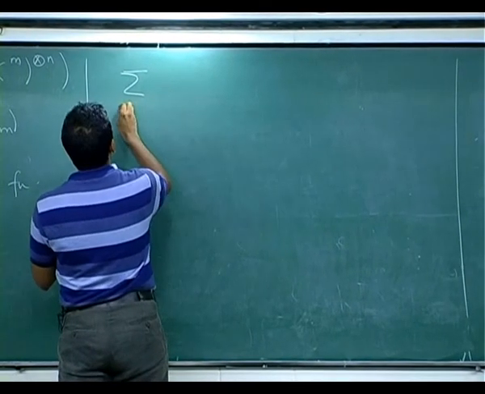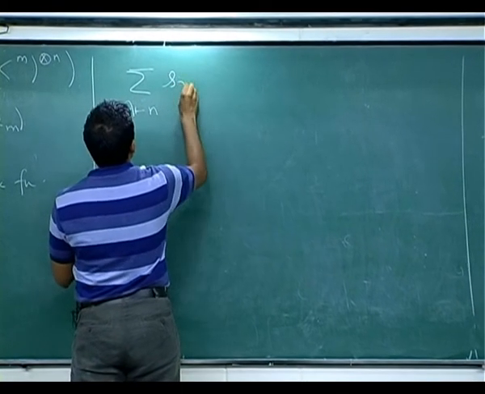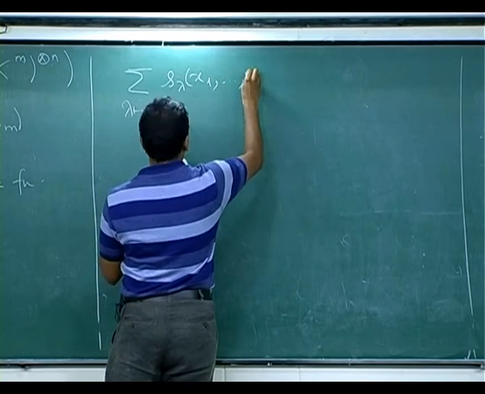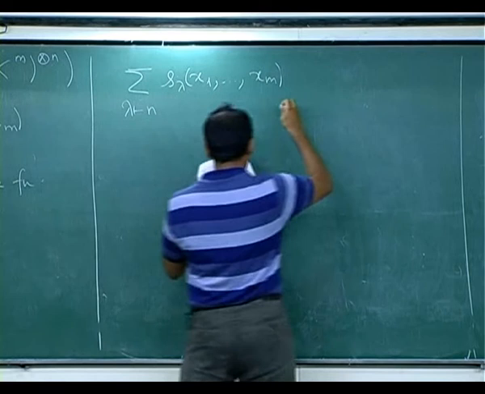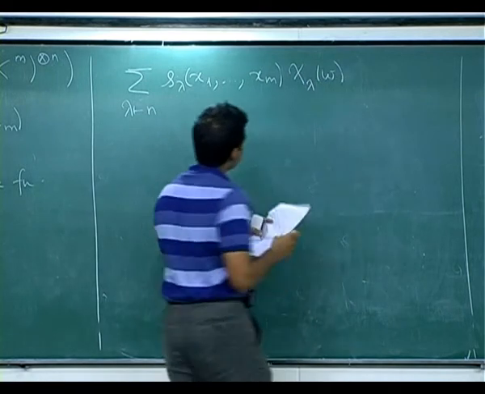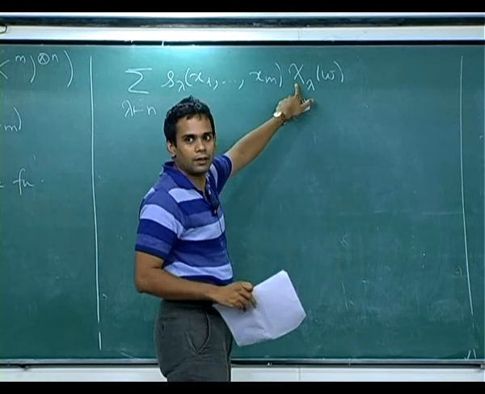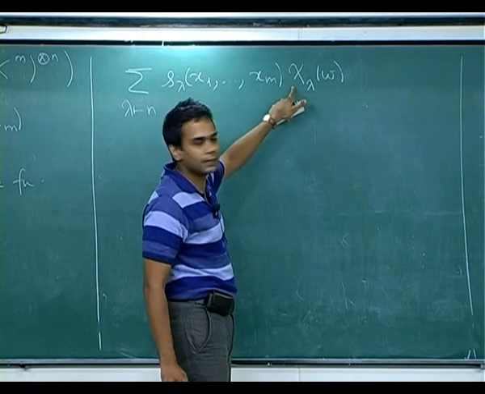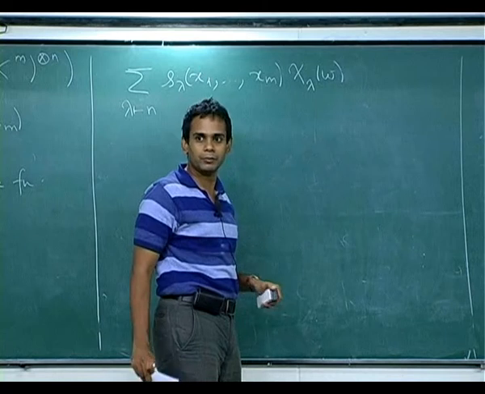If you take the sum over all partitions lambda of n of chi lambda of w times S lambda, the Schur function of shape lambda, this is where Schur functions will come in through this identity. What is chi lambda? Chi lambda is the character of rho lambda, or V lambda, the representation of Sn corresponding to the partition lambda, at the permutation w.